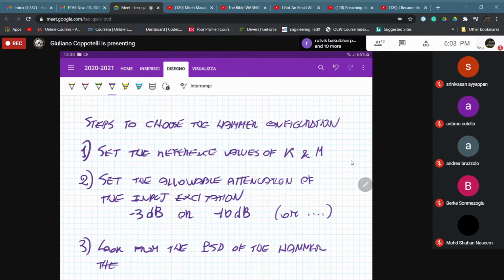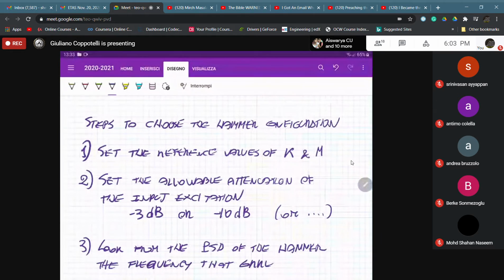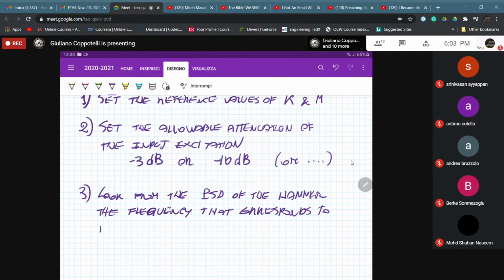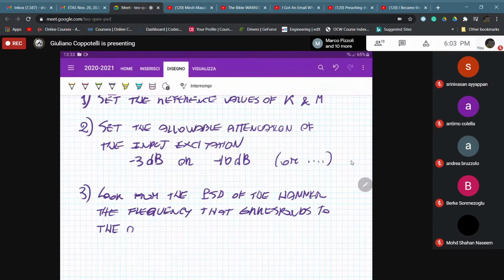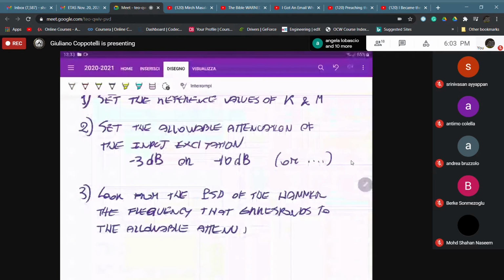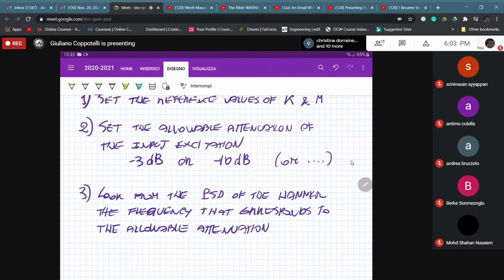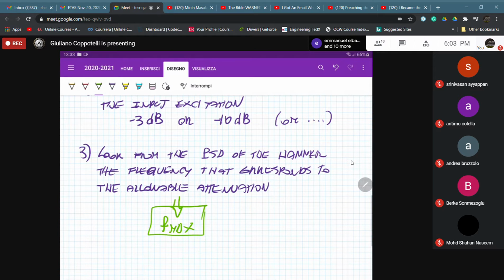Find the frequency that corresponds to the allowable attenuation, and that tells you the maximum frequency that you can excite with the prescribed attenuation level.